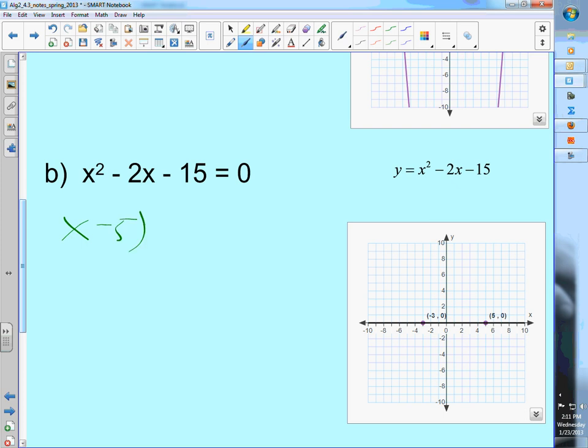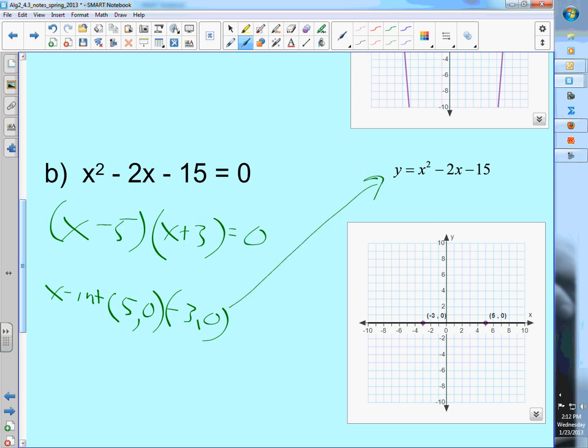Minus 5 because it's a negative in the middle and a plus 3, which gives you x-intercepts where? 5, 0, and negative 3, 0. So your x-intercepts for this equation over here are going to be 5, 0, and negative 3, 0. Okay, that's the x-intercepts for that.